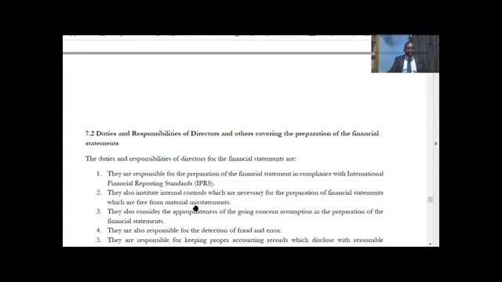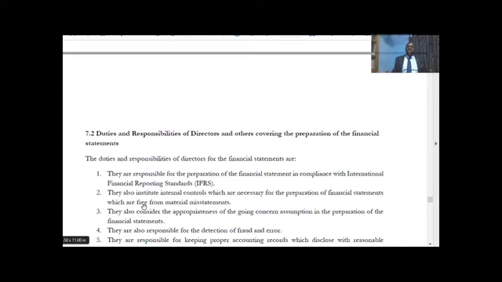Great. Now, they also institute internal controls which are necessary for the preparation of financial statements which are free from material misstatement. As directors, they are responsible for putting in place internal controls which will ensure that the financial statements prepared are free from material misstatement.